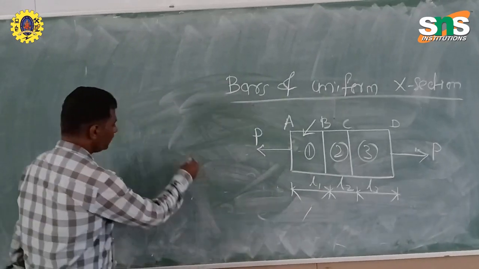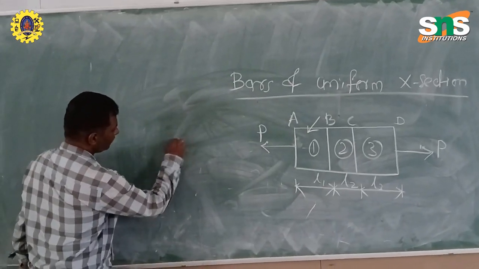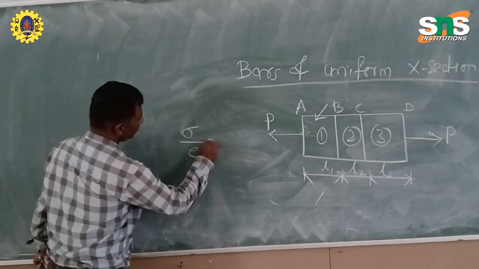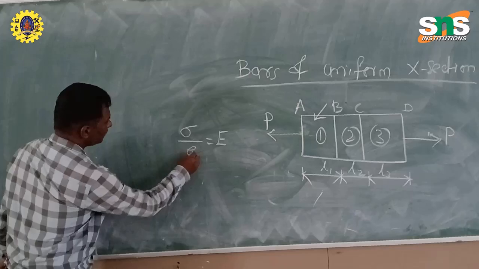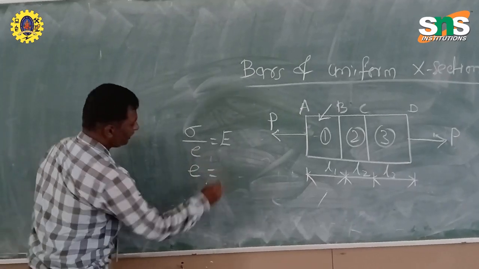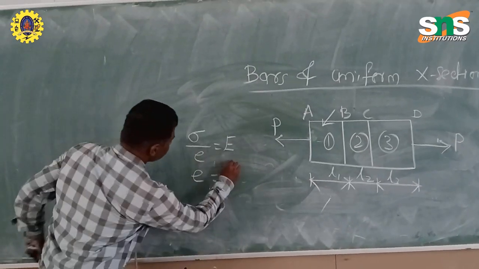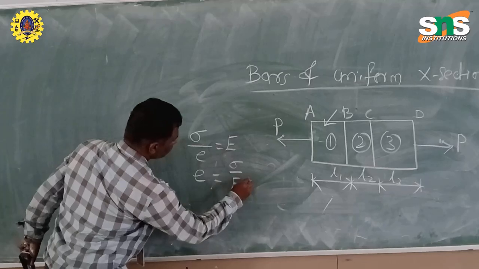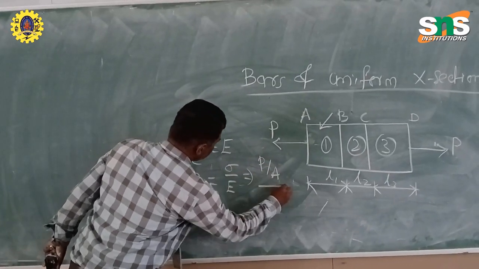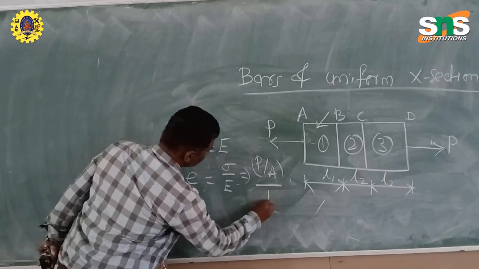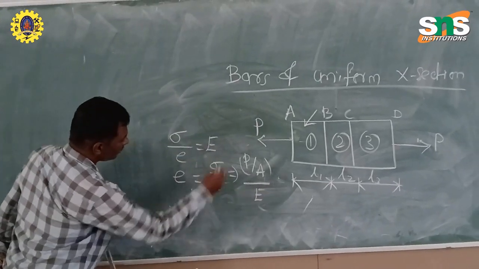From Hooke's law, stress by strain equals Young's modulus. And what is strain here? Strain equals stress by Young's modulus. So stress equals load by area, and E is Young's modulus.